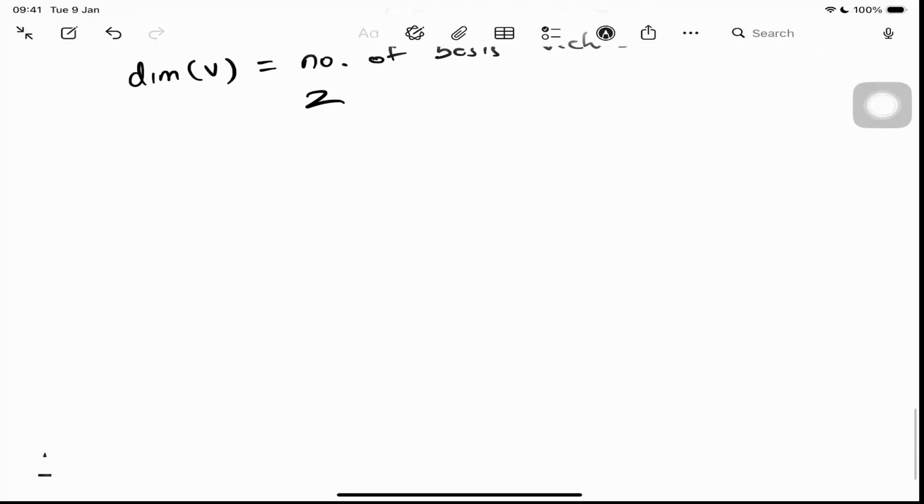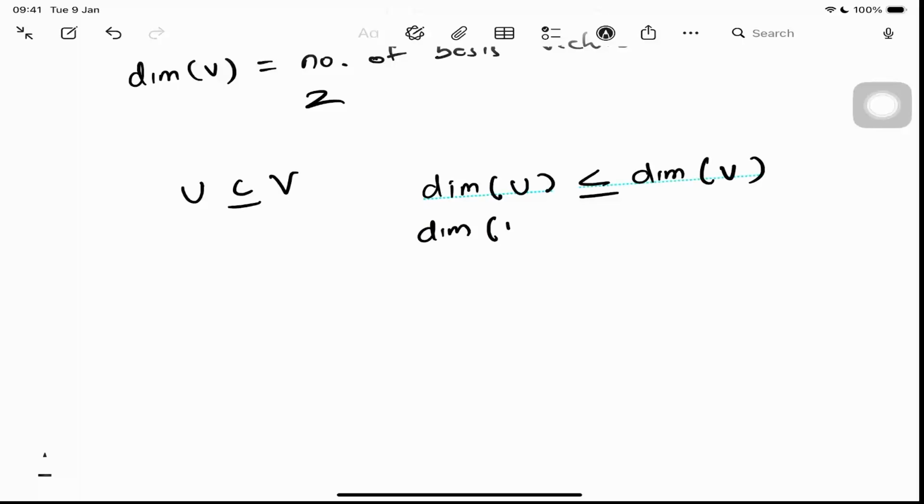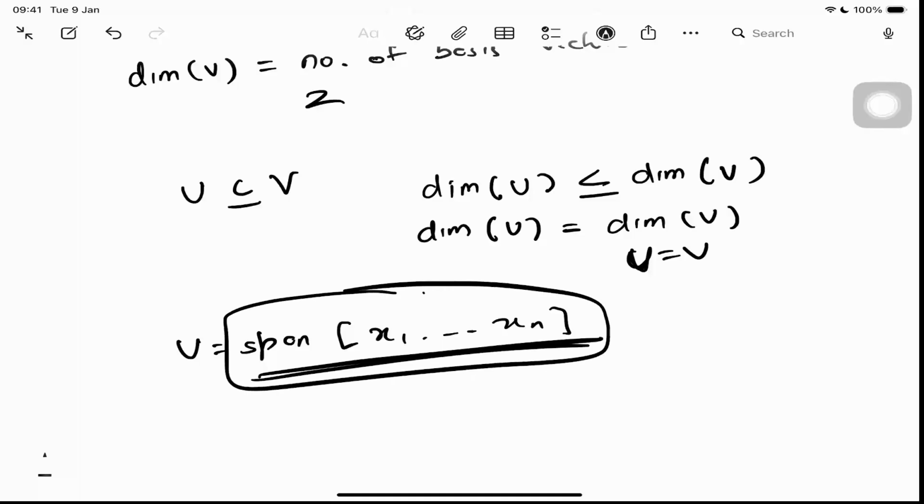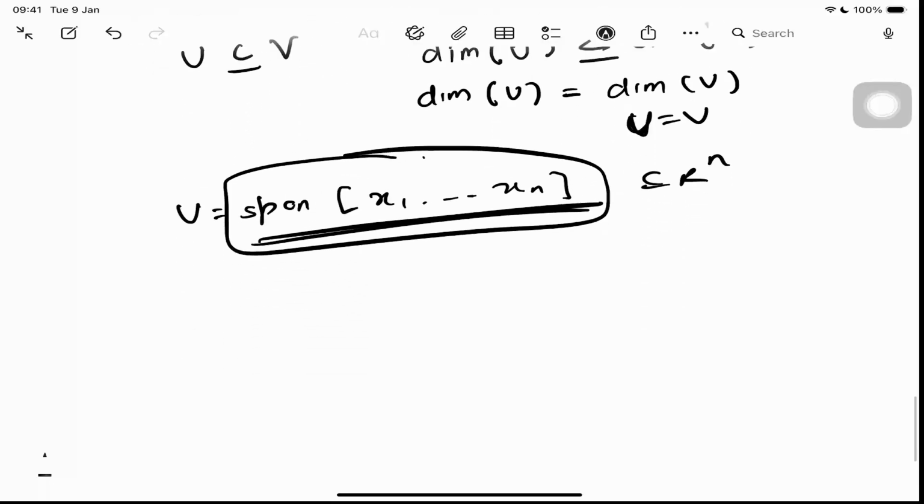Now, just like our vector space has bases, subspaces also have bases. If U is a subset of V, so U is a subspace of V, then the dimension of U is less than or equal to the dimension of V, and dimension of U equals dimension of V if and only if U equals V. A basis of a subspace U, which equals the span, which basically represents the space, a subset of n-dimensional space, can be found by executing 3 steps.